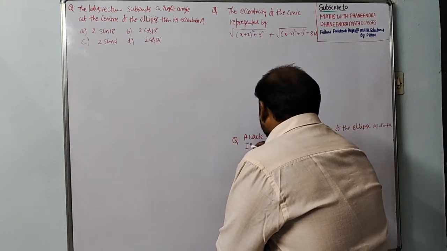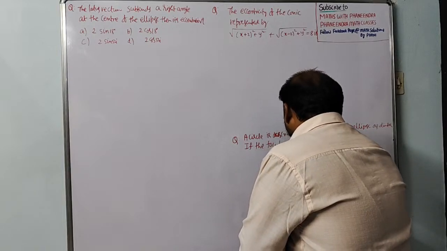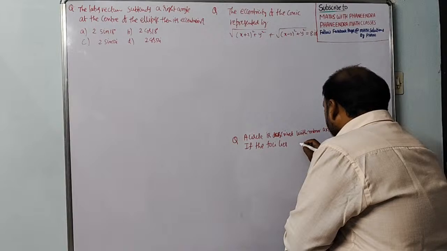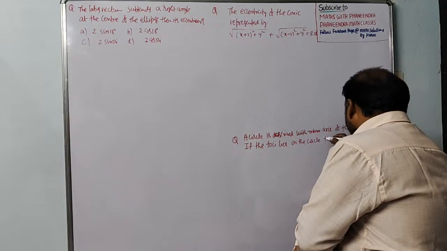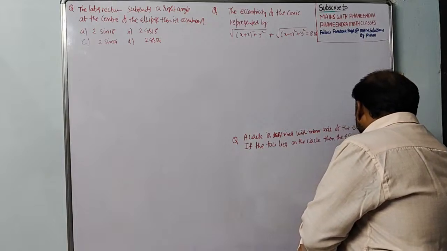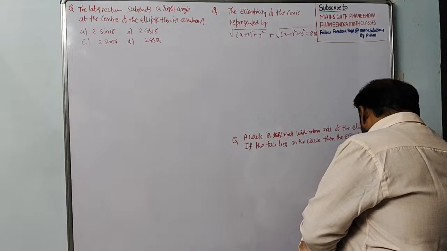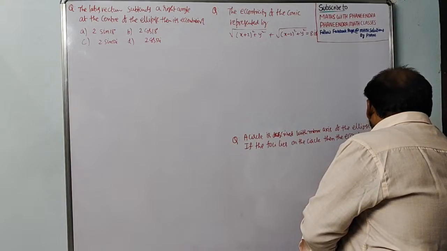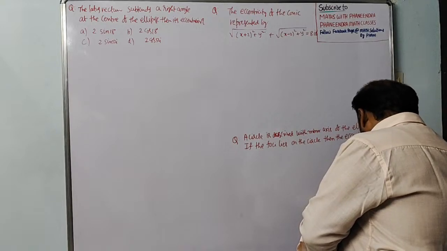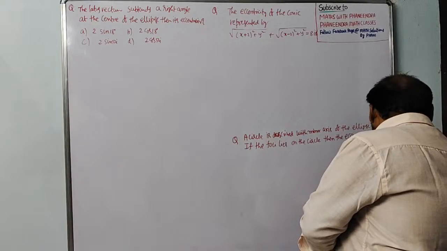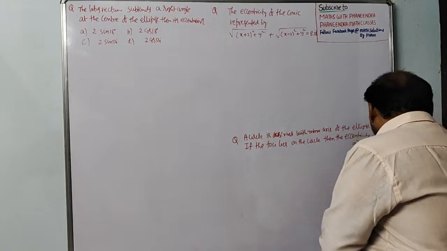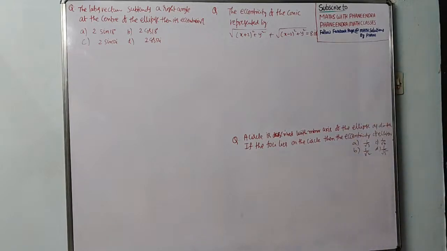If the foci lie on the circle, then the eccentricity of the ellipse is. So the options: 1 by root 3, 1 by root 2, 1 by root 7, 1 by root 5. So these are the options, dear students. All good conceptual based questions I am giving.